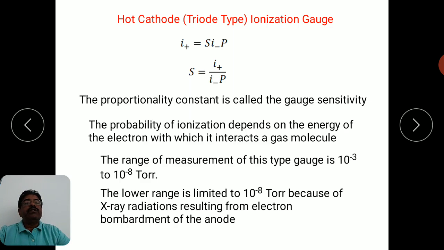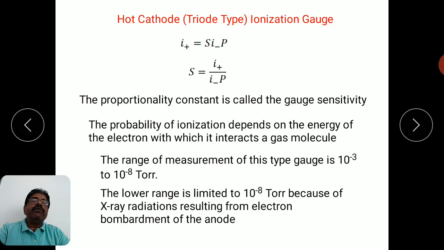How does this happen? If you try to measure pressure lower than 10 raised to minus 8, minus 9, minus 10, why is it not possible? Because in that case, X-ray radiations may be given out. Why?